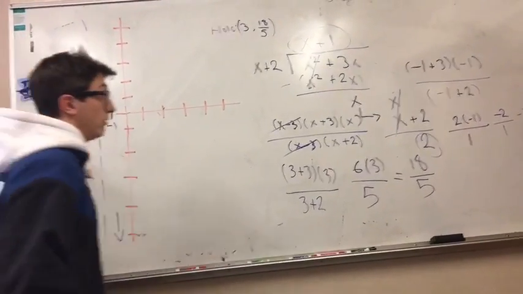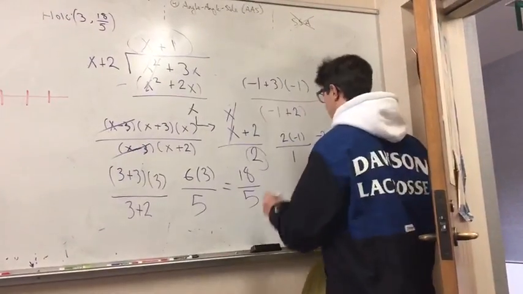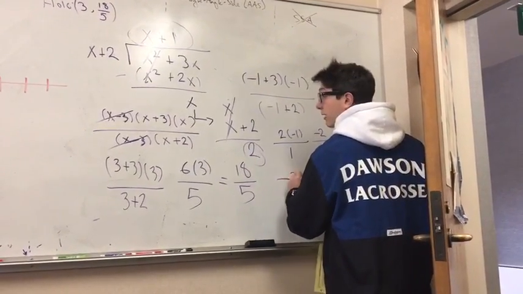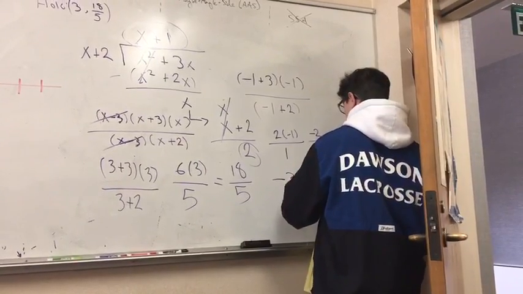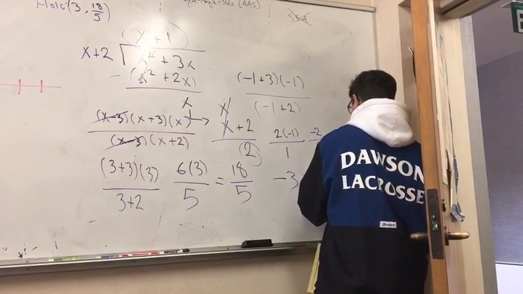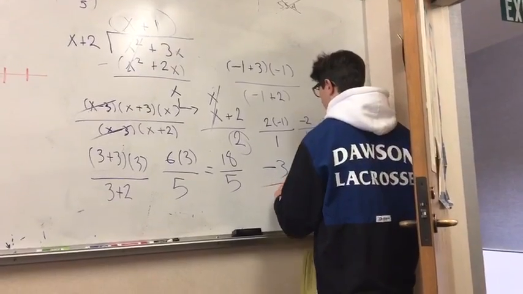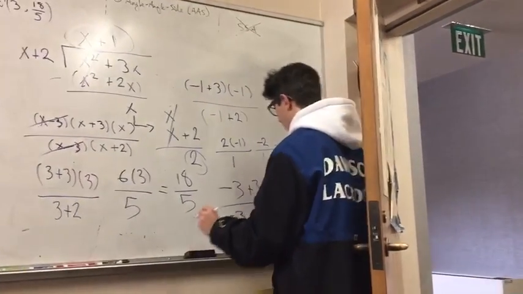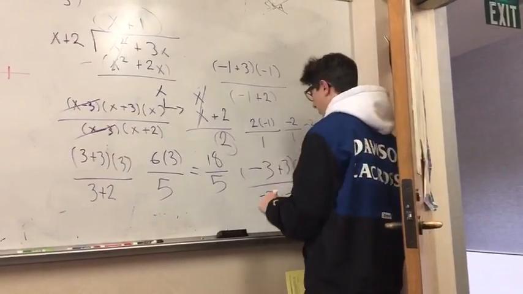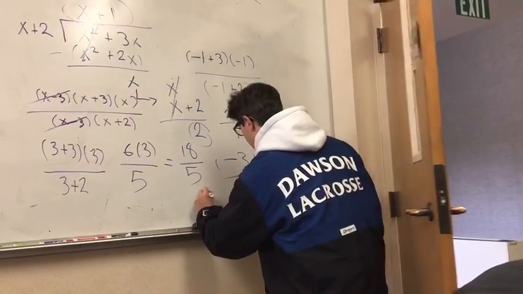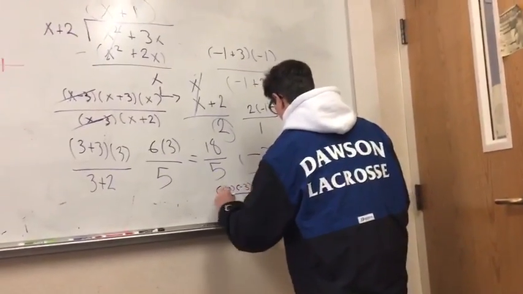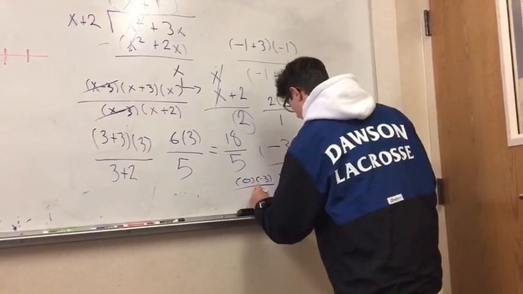So now we'll do the same thing. Here we have -3 plus 3 times -3 over -3 plus 2. That should equal 0 times -3 over 1.